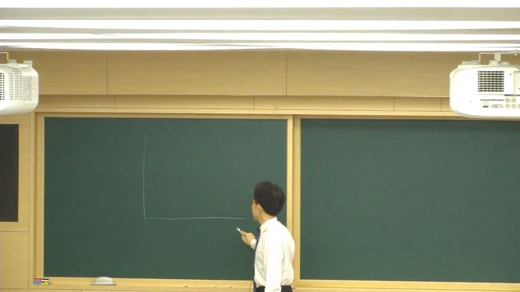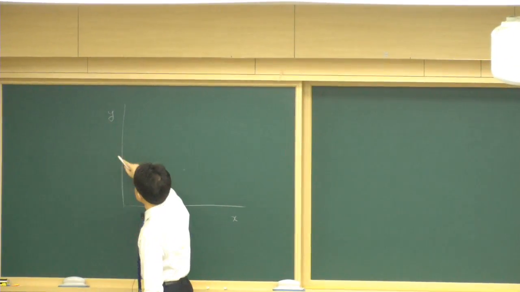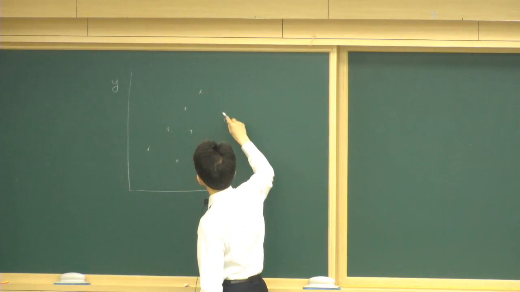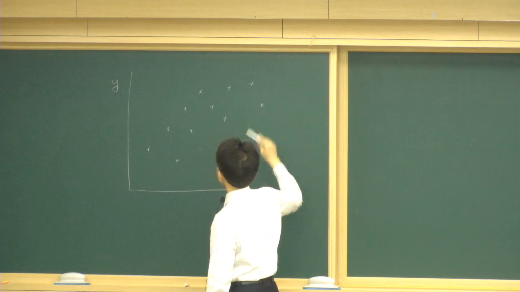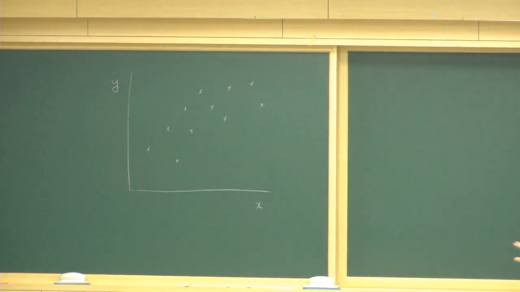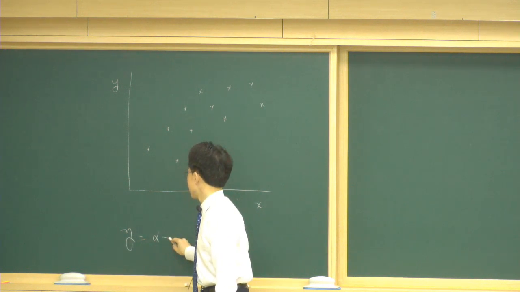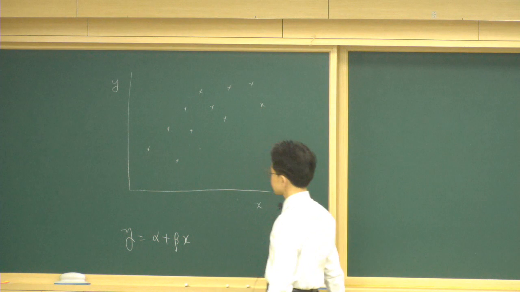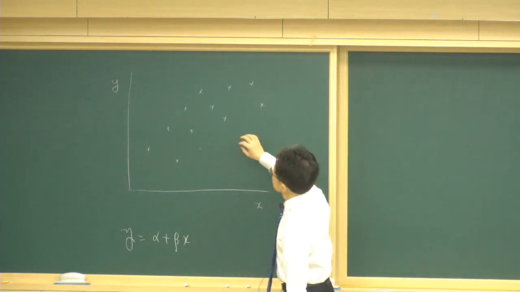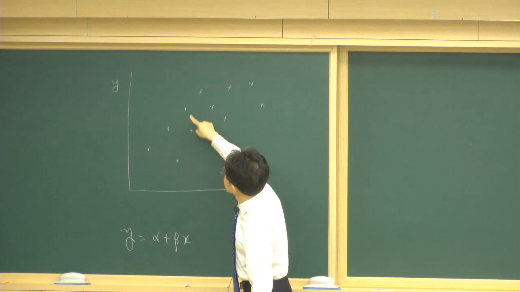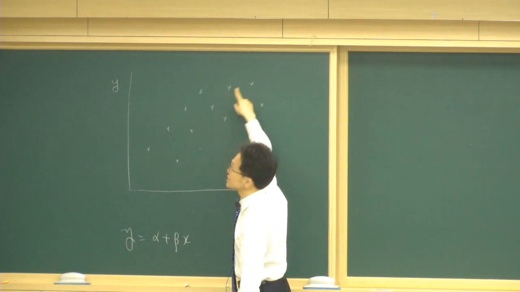So let's say we have X and Y, and the actual relationship is like this. And then in order to express the relationship in a linear format, we need to have something like this: Y equals alpha plus beta X. But as you can see, when there are some actual data points, you cannot have a linear relationship by connecting all these dots.